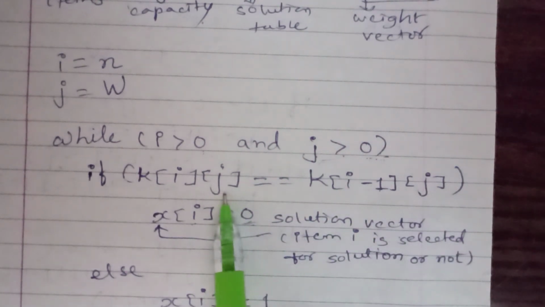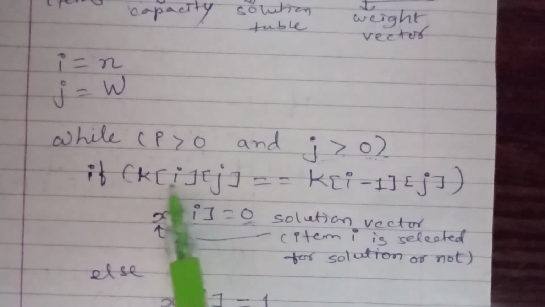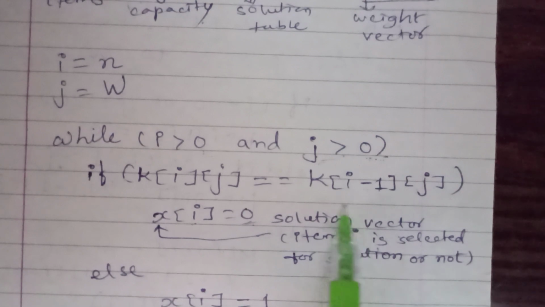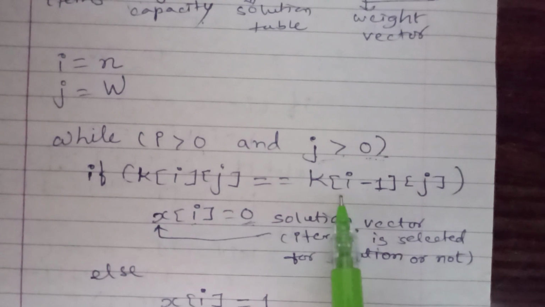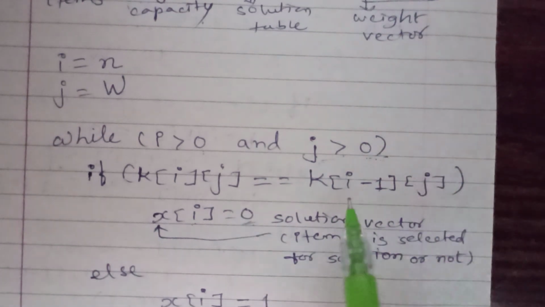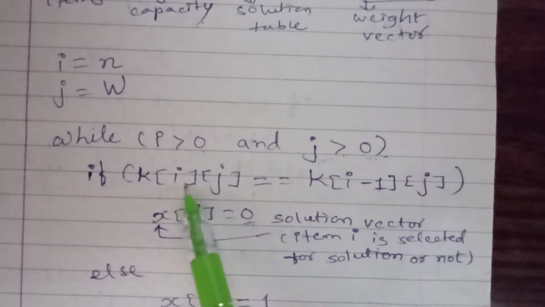In the jth column we compare the current row, that is the ith item, and the solution for I minus 1. If both are the same, it means the ith item is rejected, and that is the reason the previous solution has been brought forward in the ith row.